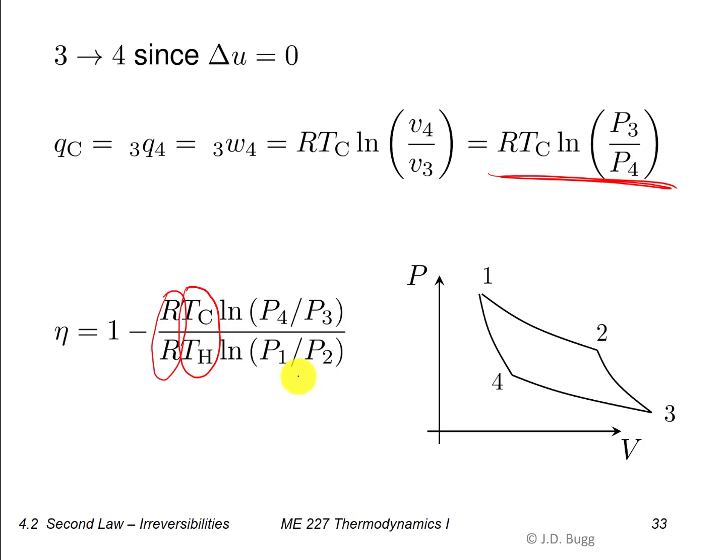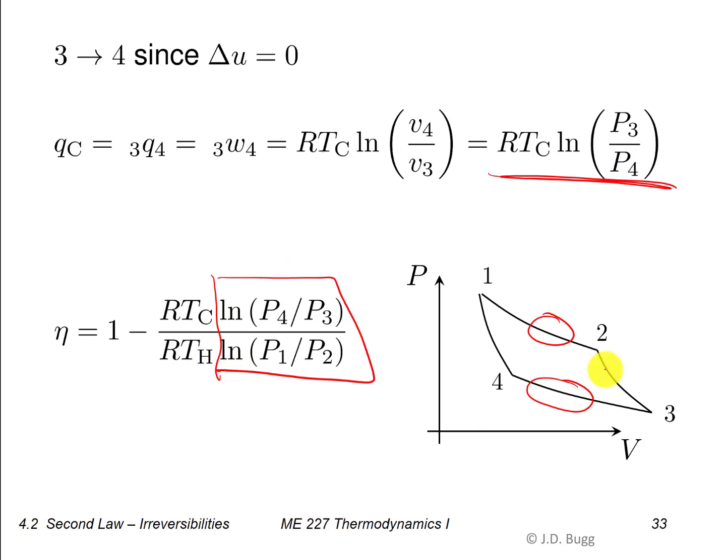So what we've looked at so far in this development is the details of that process and this process, because that's where QH and QC are happening, to show that what remains here is also just equal to 1. We have to look at this process and this process, because these two are what link the pressures up here to the pressures down there. So that's what we're going to do.